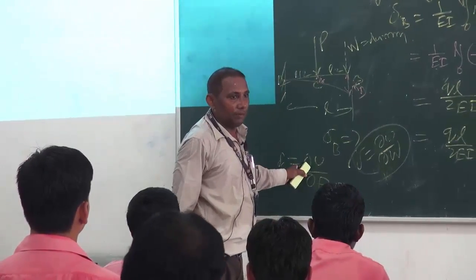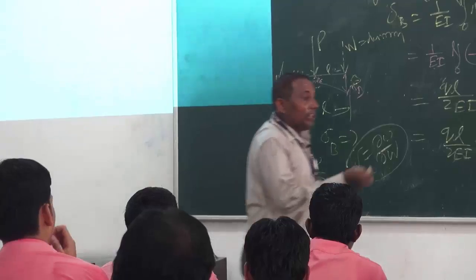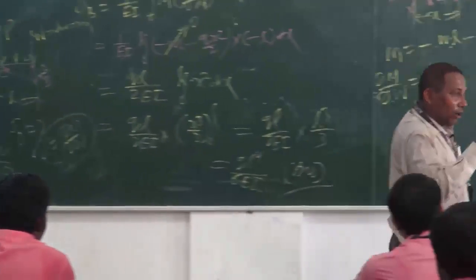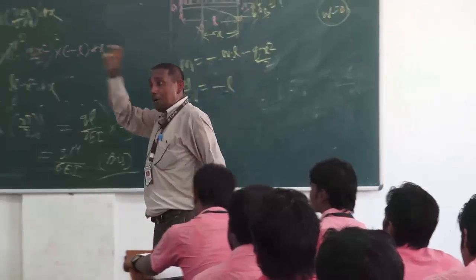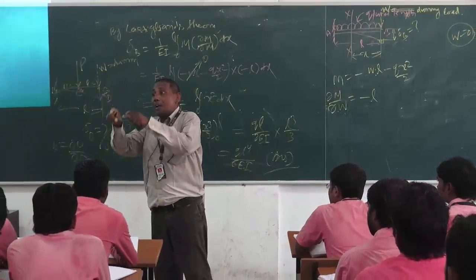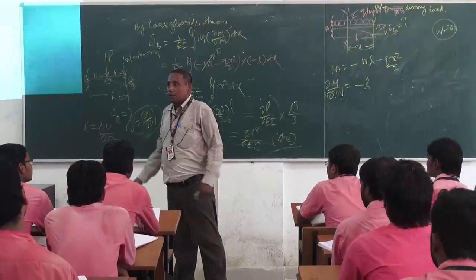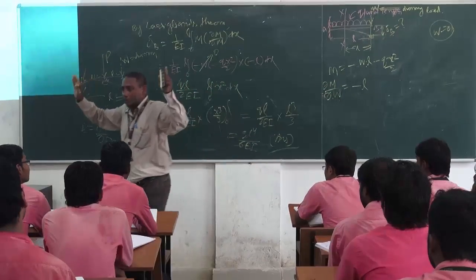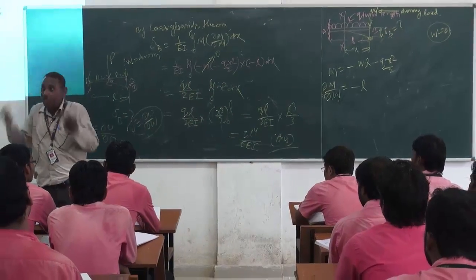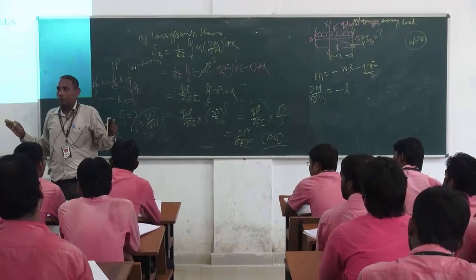You see the difference. The dummy load is only introduced when there is no point load at the point where deflection is desired. So in this way Castigliano's theorem can be extended to any situation. It is applied in general, not in a particular situation.